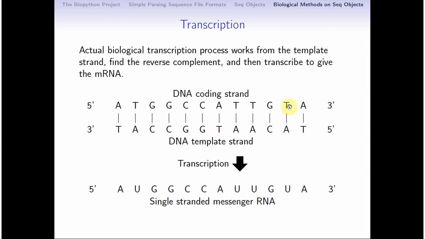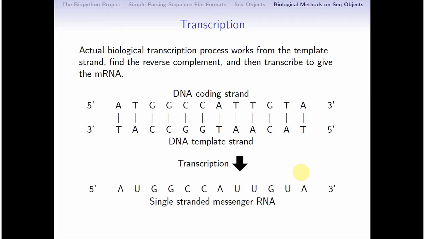Running from here to here is the coding strand, then here to here is the template strand. However, when they transcribe into a single-stranded mRNA, they don't use the coding strand, they use the template strand. Then they reverse complement it, and after that transcribe it. Transcription, you get this. But this is the actual biological transcription.